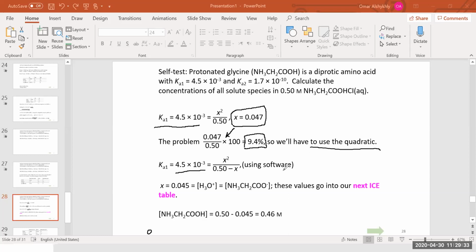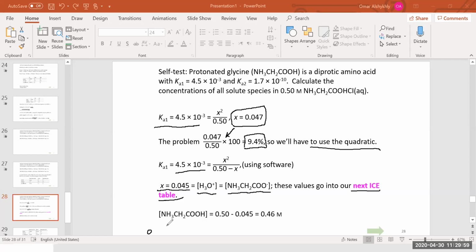Using the quadratic equation, x equals 0.045, and that gives H3O positive and NH3CH2COO negative. This value will go to the next ice table.